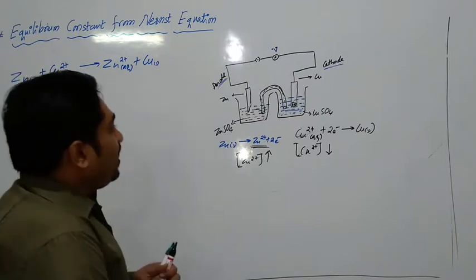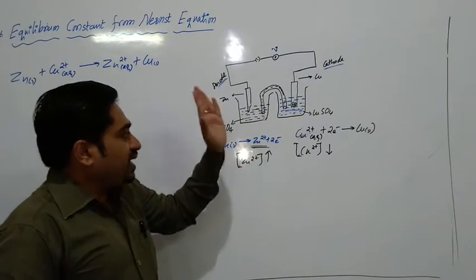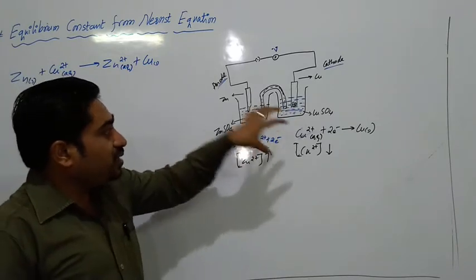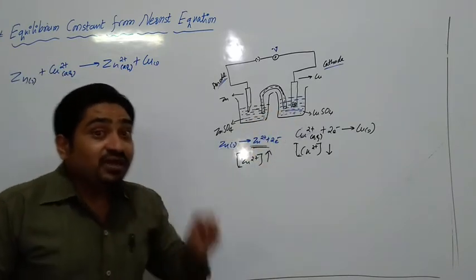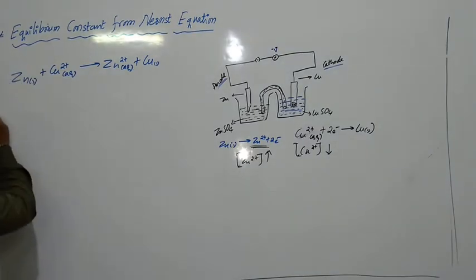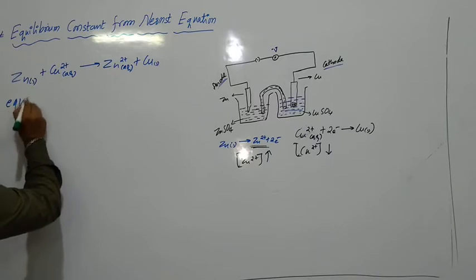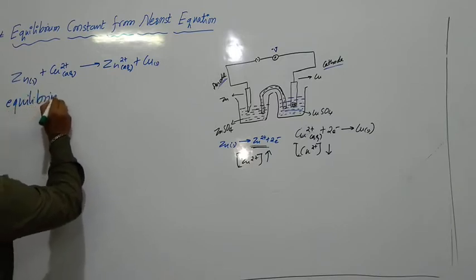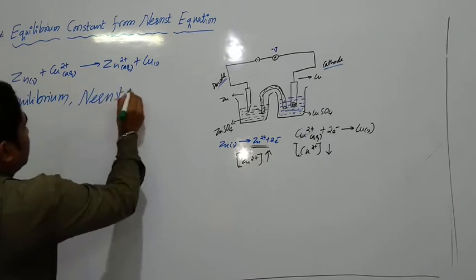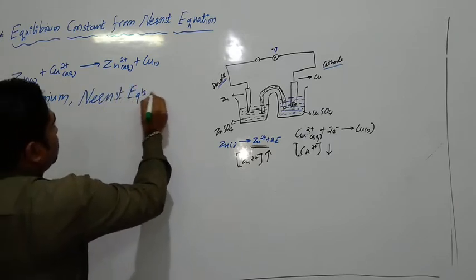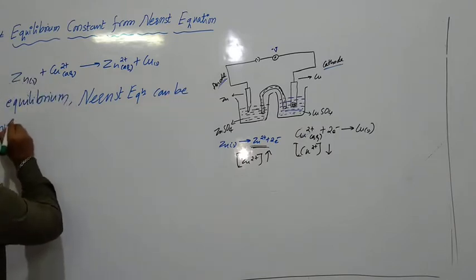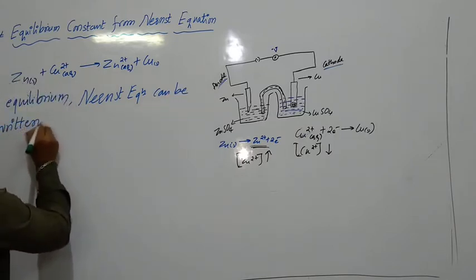So now we'll calculate the Nernst equation at this situation. Which situation? At equilibrium. At equilibrium, the Nernst equation can be written as follows.